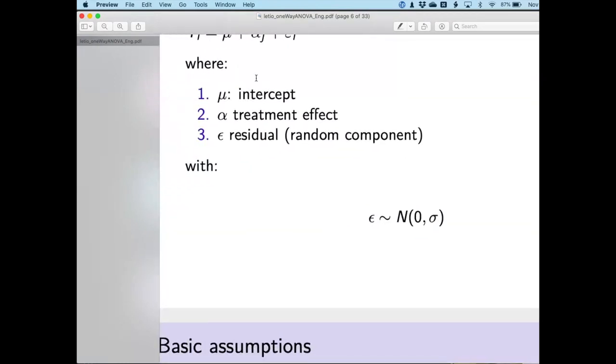All right, so we assume that the random component follows a certain statistical distribution of probability. We are no longer talking about a cause-effect relationship. There is an intrinsic cause-effect relationship, which is mu plus alpha, but then the outcome is totally random.